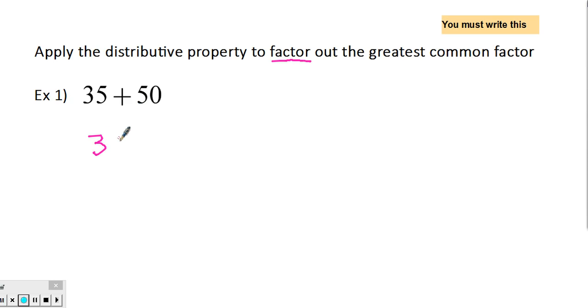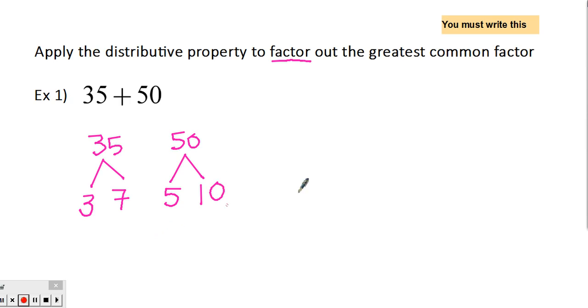So I could write that 35 is 5 times 7, and 50 is 5 times 10. So we see that 5 is the greatest common factor. 7 and 10 don't have any factors in common.